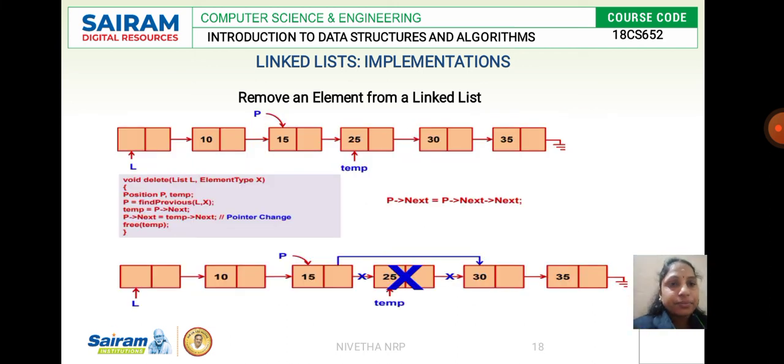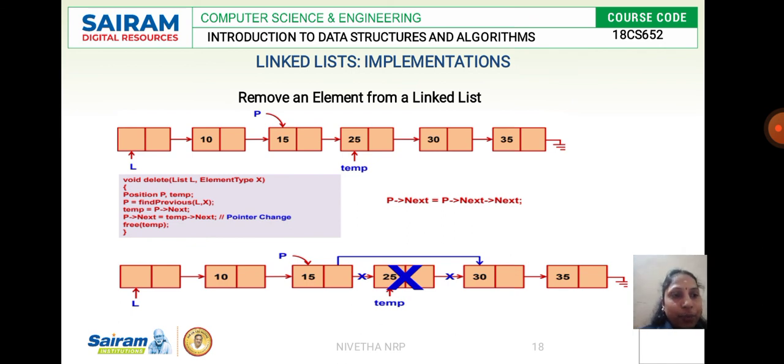See here, we have 10, 15, 25, 30 and 35, and we are going to delete 25. So I store 25 in temp. First I find the position and store that in temp. Now the link breaks: the 15 to 25 and 25 to 30 links break, and I have to create a direct link from 15 to 30.